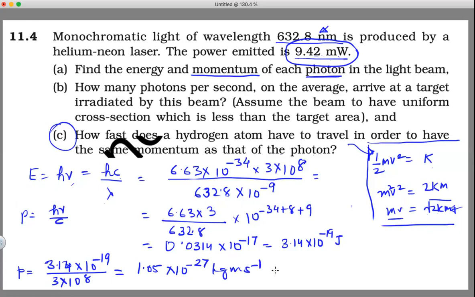Now let's do the B part. How many photons per second, right? We know the energy per second, which is 9.42 into 10 raised to the power minus 3, divided by 3.14 into 10 raised to the power minus 19. Luckily, this is a very good number.